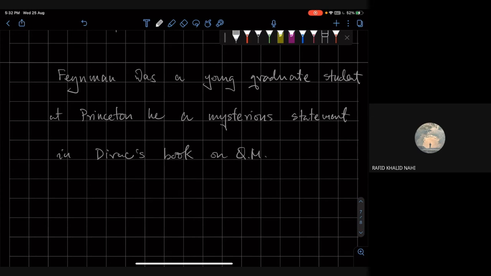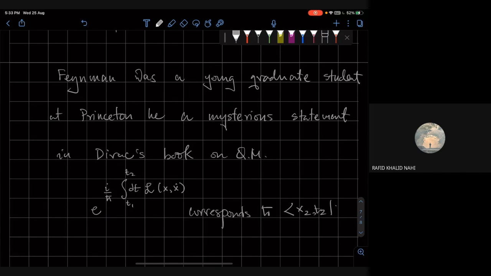What Dirac said was that the exponential of i over h bar times the action, which from t1 to t2 you can write as the integral of dt times the Lagrangian L(x, x dot), corresponds to the amplitude from x1,t1 to x2,t2.